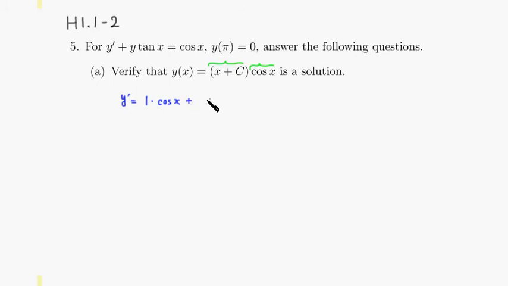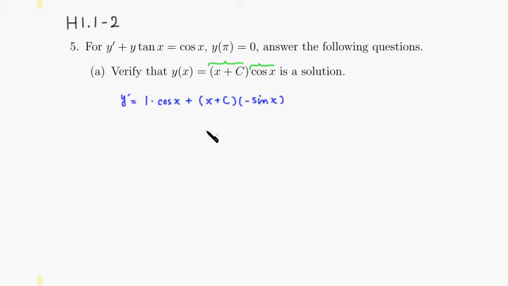Then the first guy, the quantity x plus c, times the derivative of cosine of x, which is a negative sine of x.